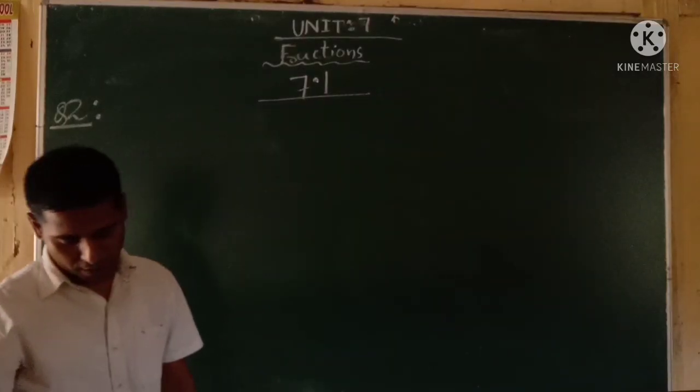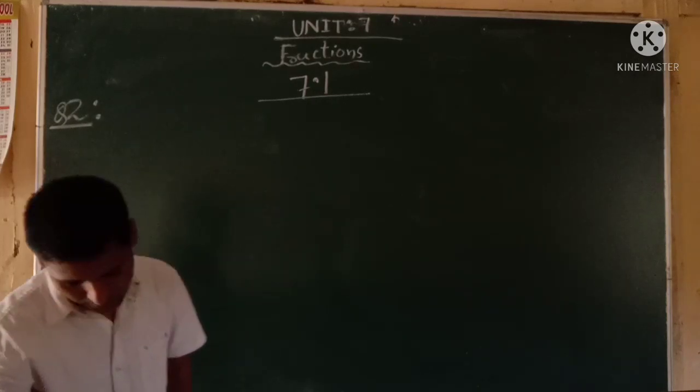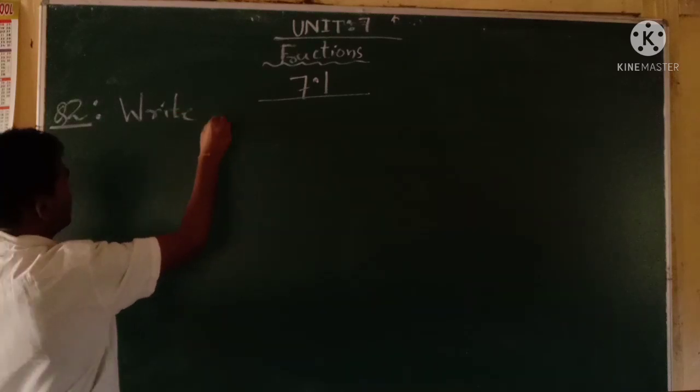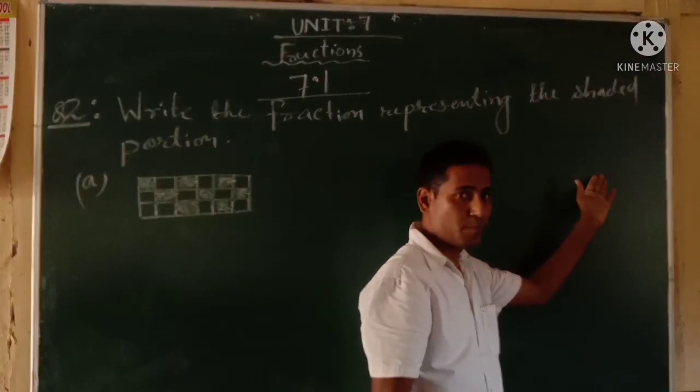Question number 2: write the fraction representing the shaded portion. This is a whole, you can say one unit. This is a big rectangle, and inside it there are small squares.